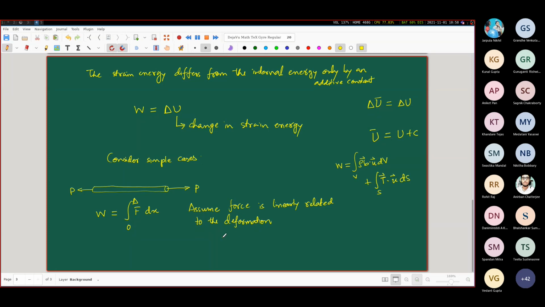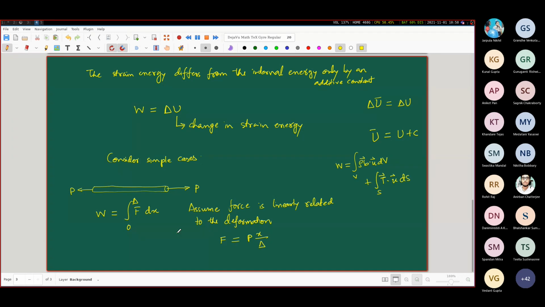If that is so, then we can easily say that F is equal to P times x by delta. Why does this make sense? Because when x is 0, our force is 0. When x is equal to delta, our force is equal to P, which is exactly the situation I described in setting up my problem, that the force is being gradually increased from 0 to this value P.